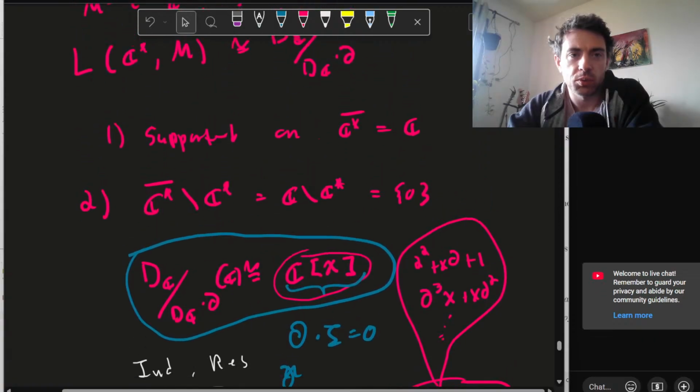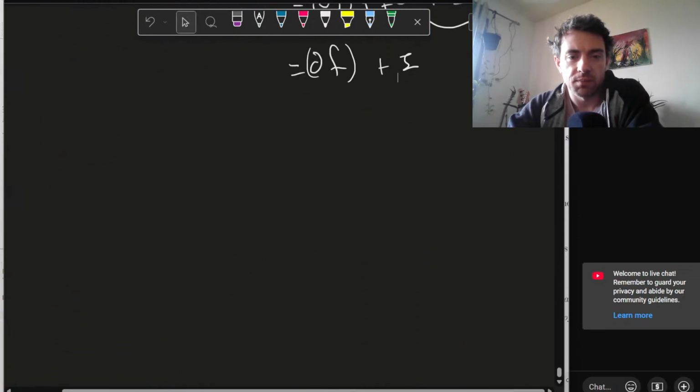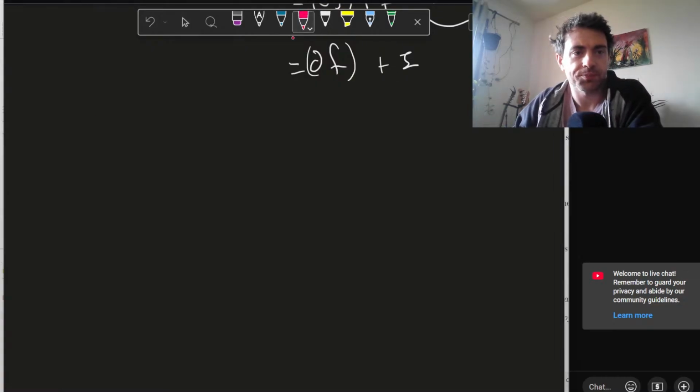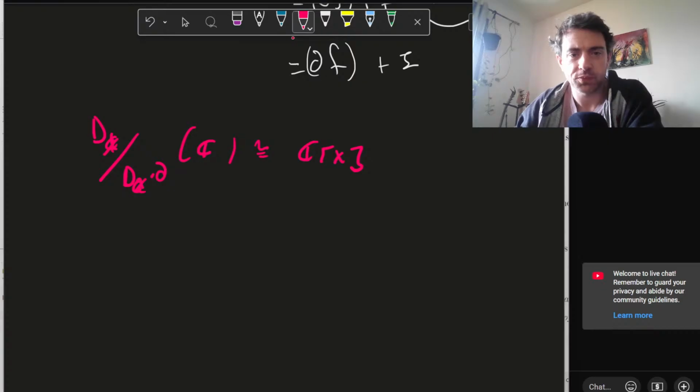Right. So we were looking at this D module. Was it dx.del? Yeah. Whose global sections, I should say DC, I guess, whose global sections are given by this.